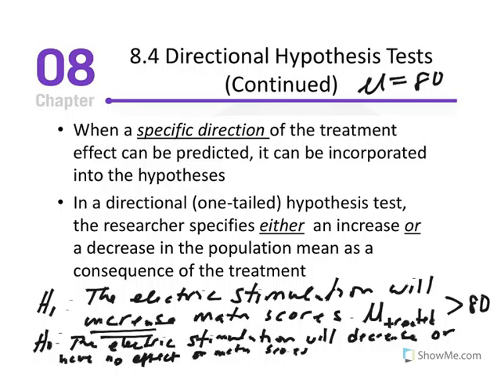So again, now we're saying that it's going to do the opposite of what we're hypothesizing, but also say nothing will happen. So it always includes the will not happen, nothing will happen, nothing will change.